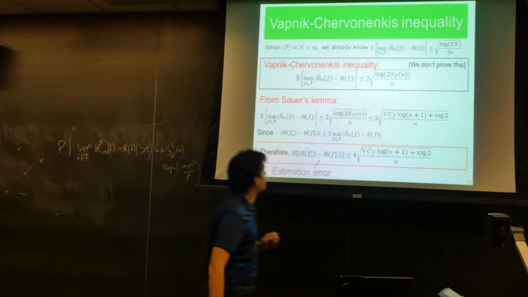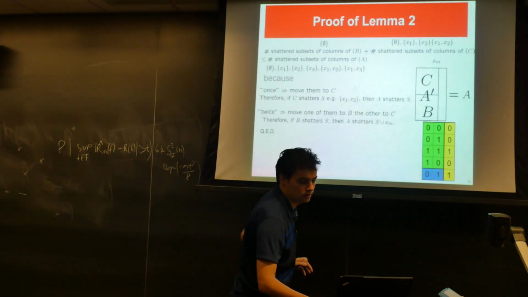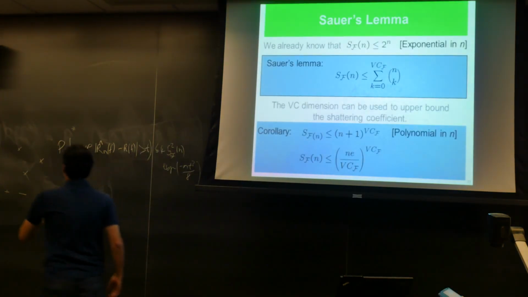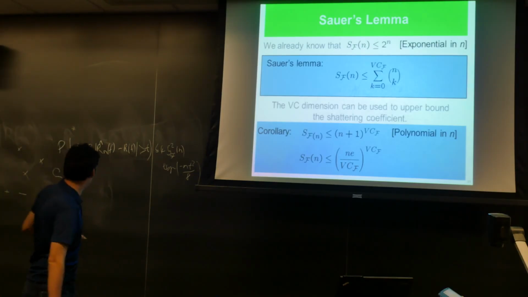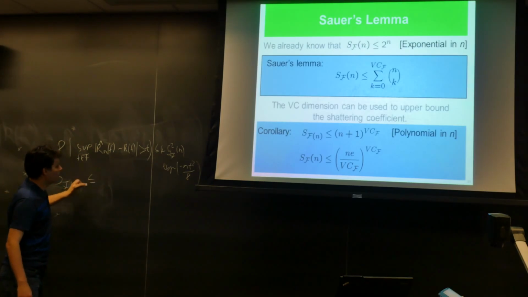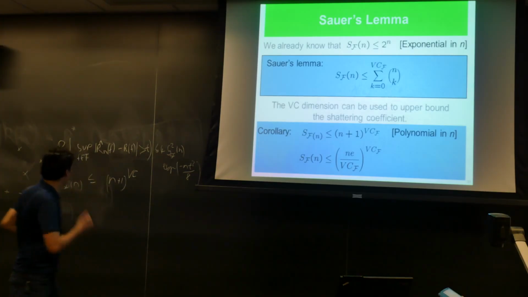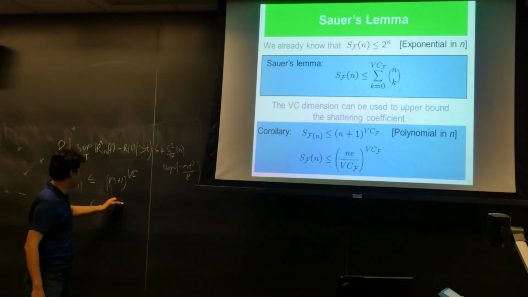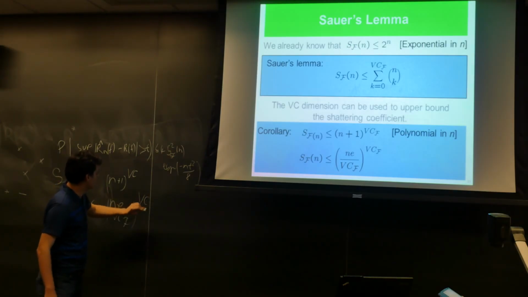All right. So say we prove the Sauer lemma, so from now on we know that S_F(n) is smaller than (n+1) to the VC dimension, and we also know that this is not bigger than (n times e divided by the VC dimension) to the VC dimension.